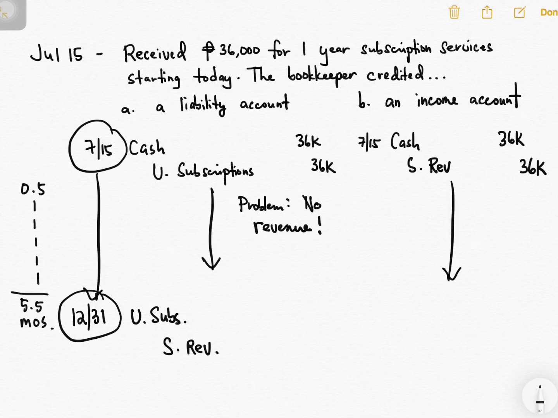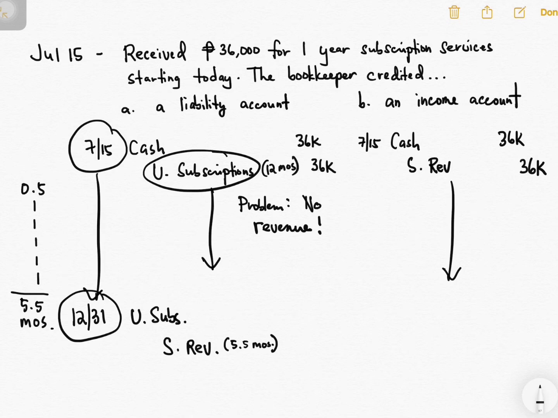You have to recognize the revenue for how many months? 5.5 months. Meaning, the credit to subscriptions revenue here should cover 5.5 months, because that's the number of months earned, right? And if we try to write the number of months from your initial recording, how many months is this? This is 12 months.